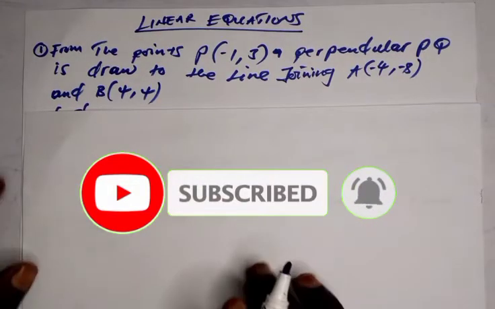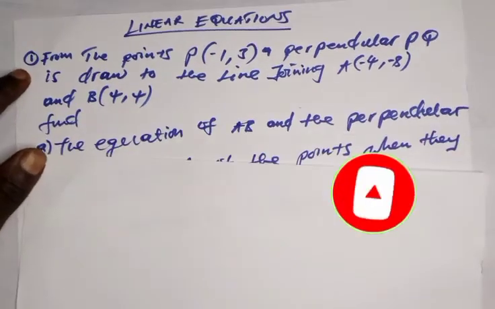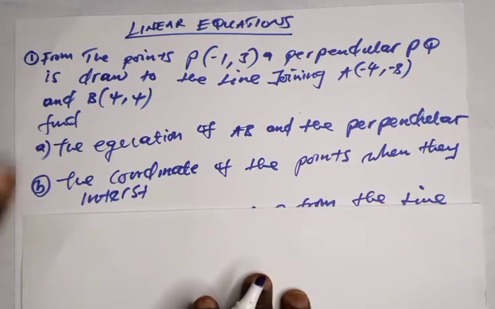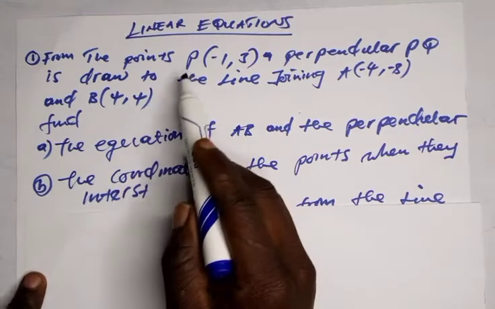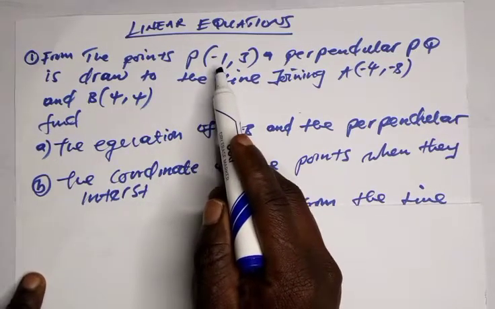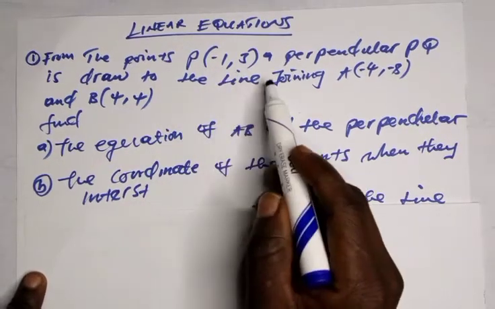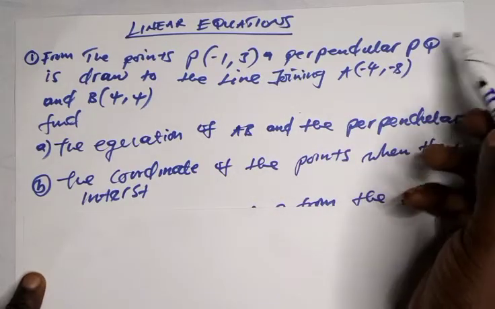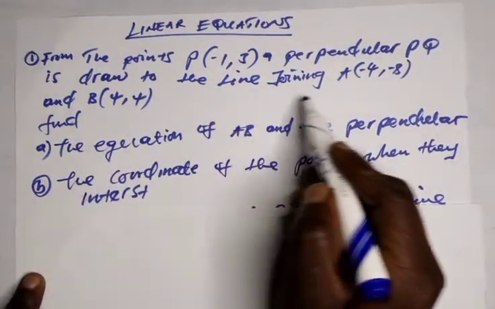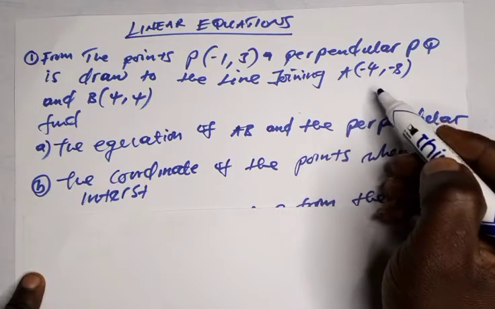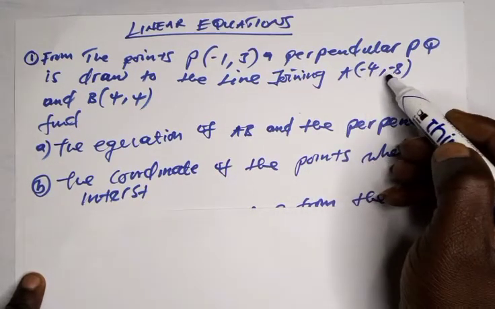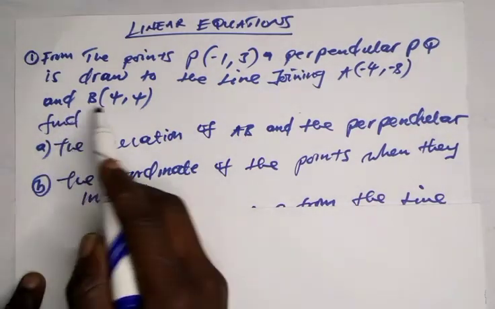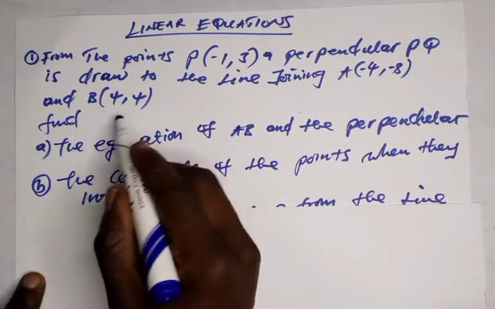Today we are looking at linear equations, and we have been given the question: from the point P, which is (-1, 3), a perpendicular PQ is drawn to the line joining A and B. The points have been given: A is (-4, -8) and B is (4, 4).